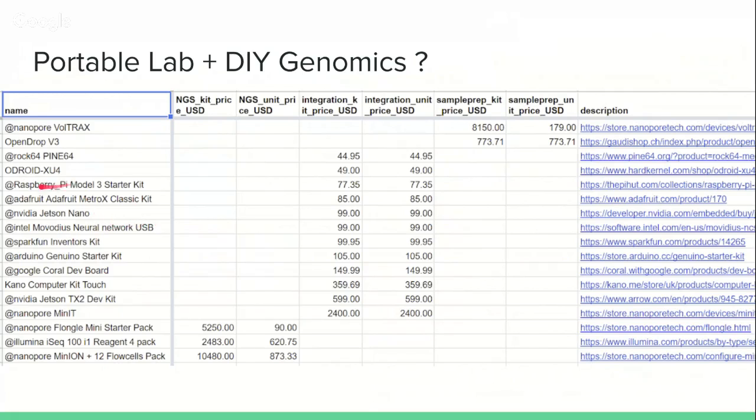I put together here also some of these mini computers and things that look more like a mini motherboard that can have other connections, like the Raspberry Pi or the Adafruit kit, an Arduino starter kit, or this Kano computer kit.